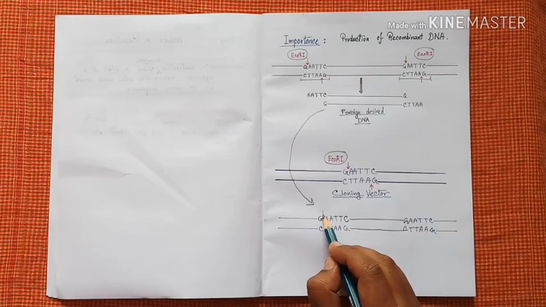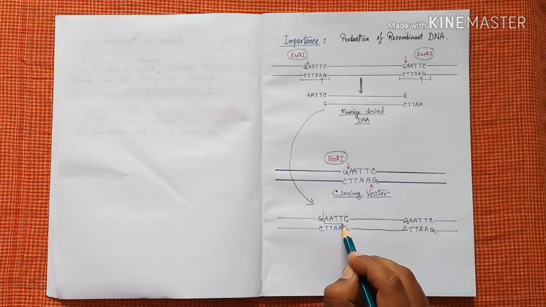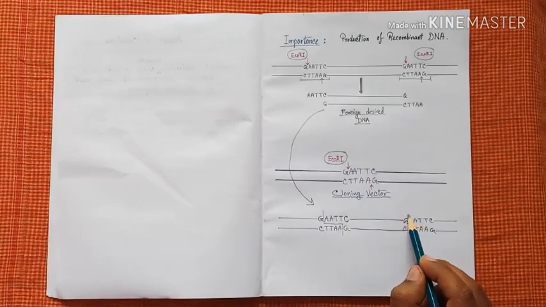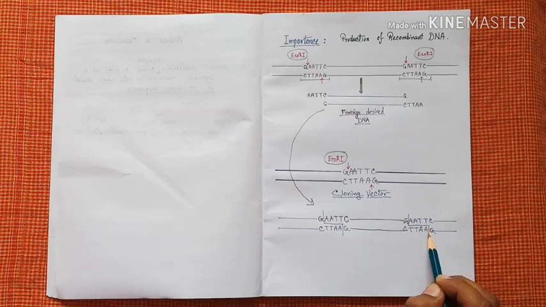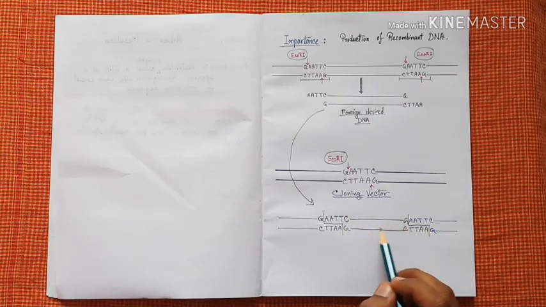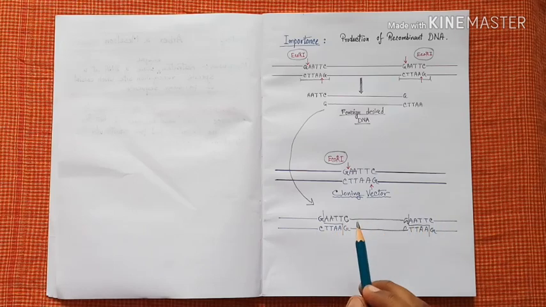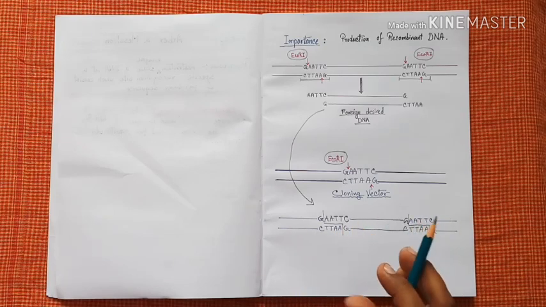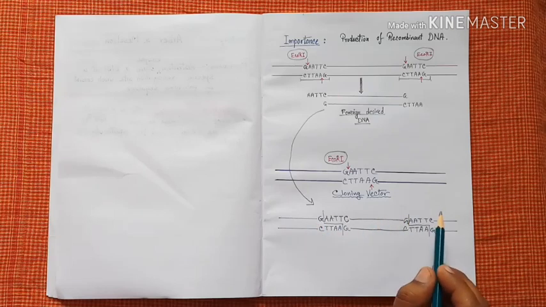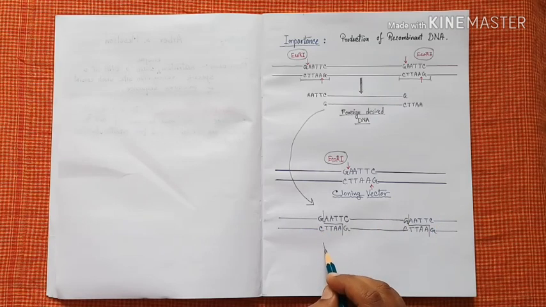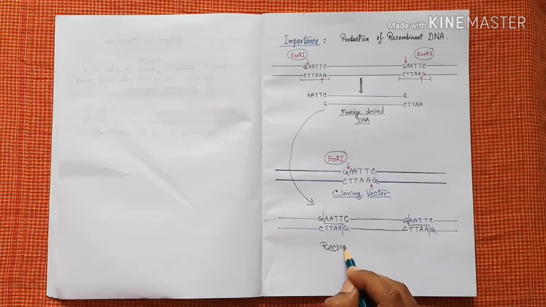So, the segment I have depicted in this diagram is of foreign DNA, and the segment of DNA drawn in the blue colored pen is the segment of the cloning vector. Now, if we allow the joining of these two segments, we will easily have recombinant DNA.